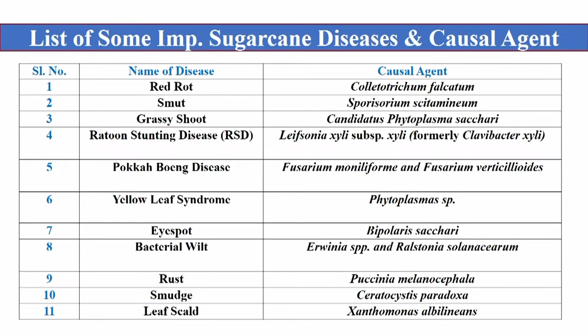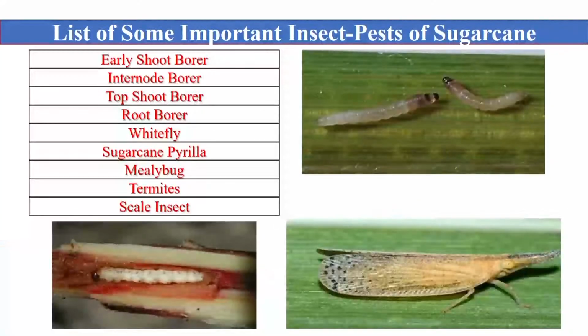Dear learners, these are some important diseases: red rot, smut, grassy shoot, ratoon stunting disease (RSD), pokkah boeng disease, yellow leaf syndrome, bacterial wilt, rust, and leaf scald. And the major insect pests are early shoot borer, internode borer, top shoot borer, root borer, whitefly, sugarcane pyrilla, mealybug, termites, and scale insect.